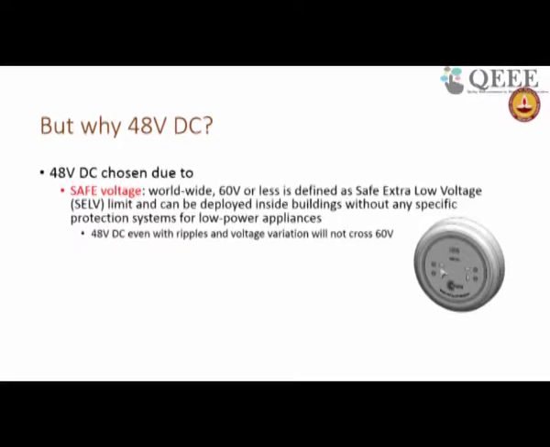Now, why have I chosen 48 volt DC? I could have chosen another voltage. It is known that under 60 volt, it's called safe extra low voltage. You can touch it, and unless you are completely wet, and even if you are connecting to the ground, nothing else. In fact, there is another interesting thing.